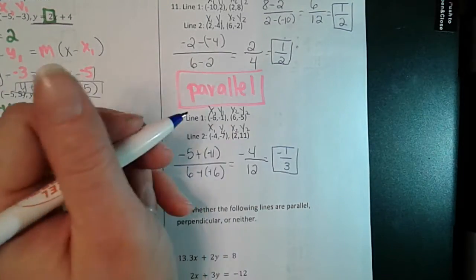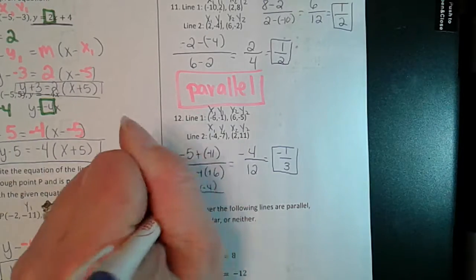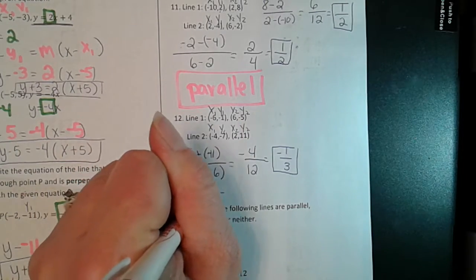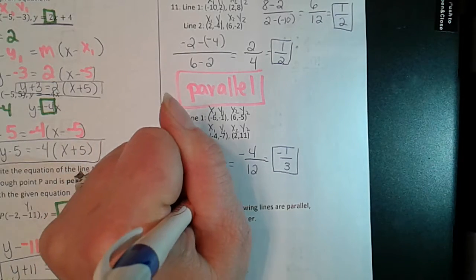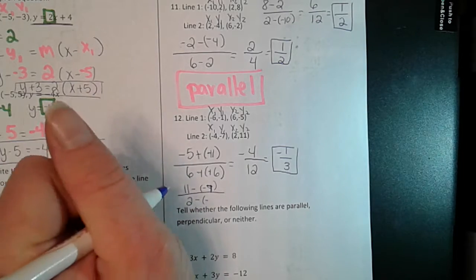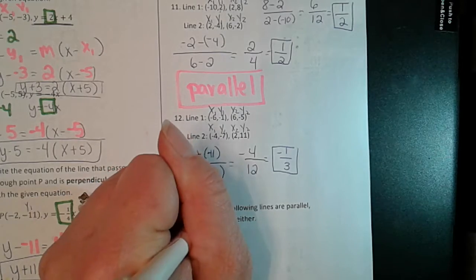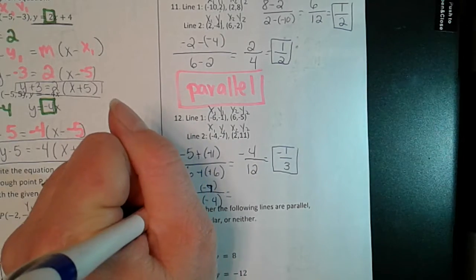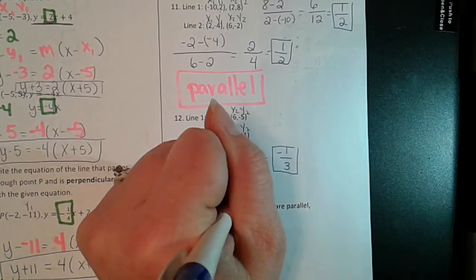Now let's check the slope of the second line. We get 11 minus negative 7 over 2 minus negative 4. 11 minus negative 7 is really 11 plus 7, which is 18.